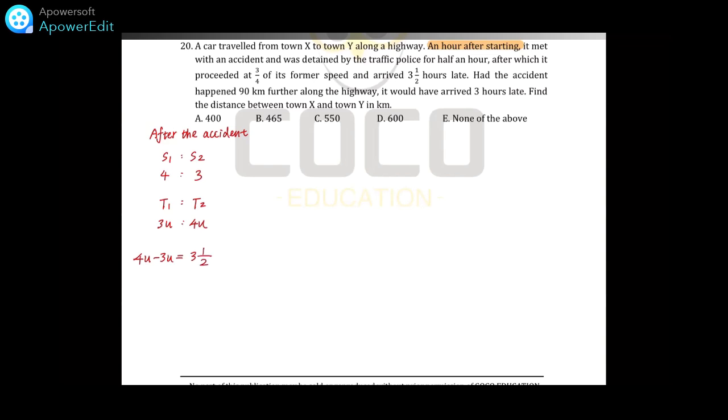It says it's 3.5 hours late. But the time difference is not 3.5 hours because it was detained by the traffic police for half an hour. During that half an hour, it was not traveling. So we need to minus half, because we are only interested in the time where it was traveling. So we get 1 unit equals to 3.